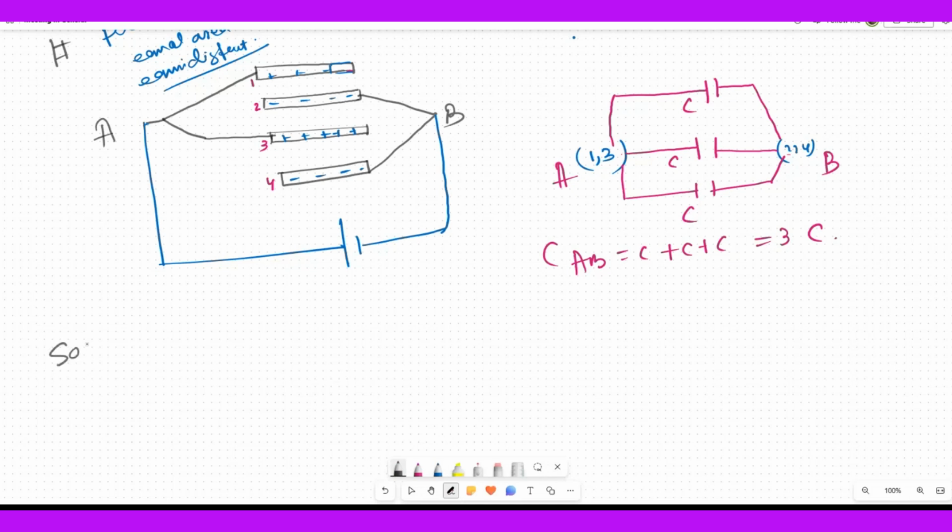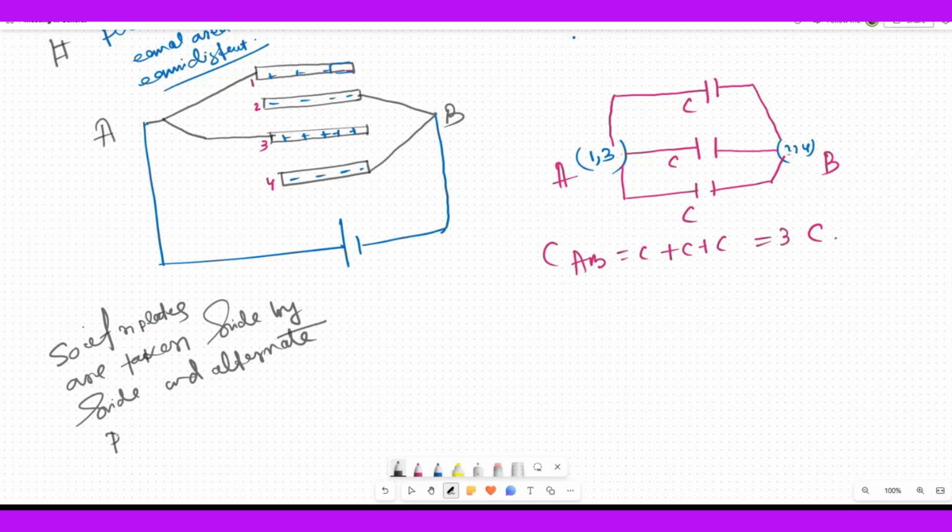So if n plates are taken side by side, alternate plates are connected with the positive terminal.